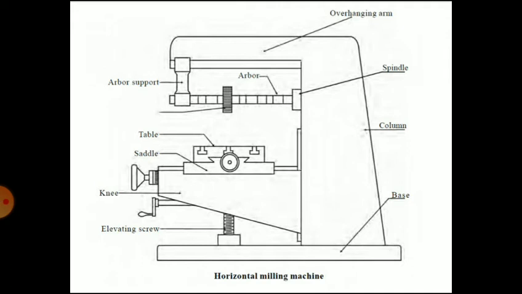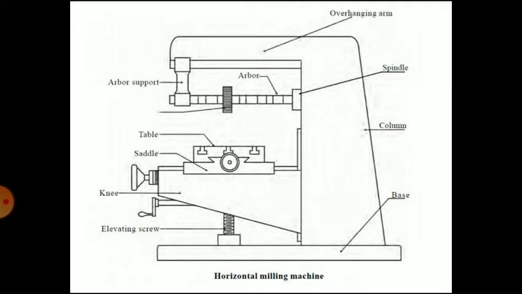The front vertical face of the column is accurately machined and is provided with dovetail guideways for supporting and movement of the knee. So on the front face of the column, the ways are provided through which the knee can be moved in an upward or downward direction.